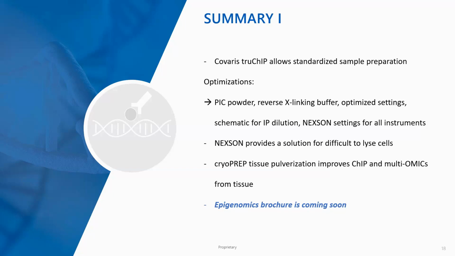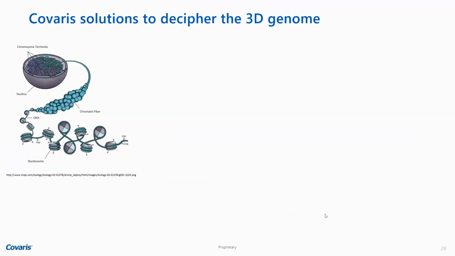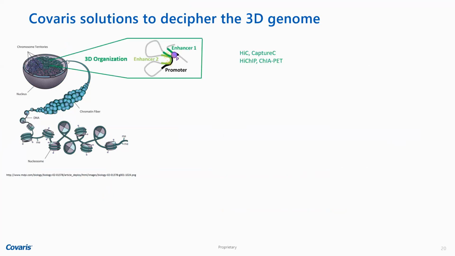So now I'd like to take the remaining time to tell you more about newest developments at Covaris, ongoing projects. One of them is centered around Hi-ChIP workflows. If we think about deciphering the 3D genome, you would look at the 3D organization, and here you can work with Hi-C capture in order to see which regions come into close contact due to folding, which are not in close contact in the linear space.